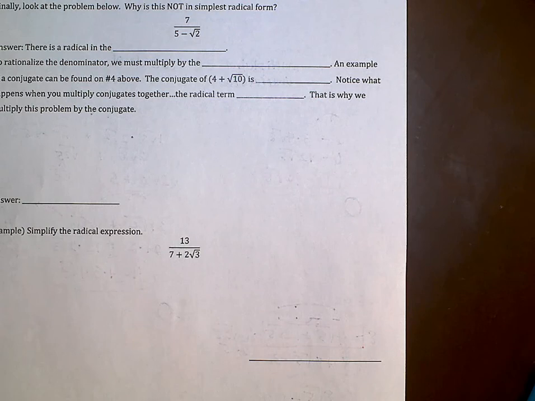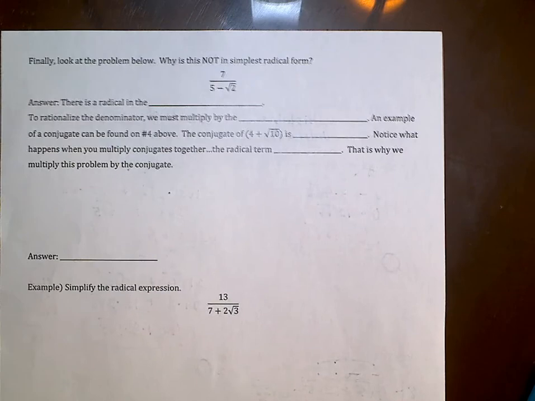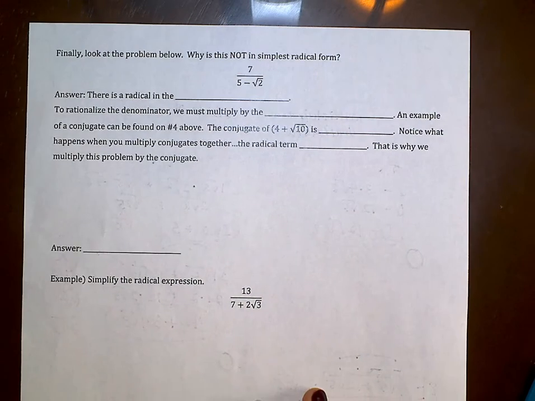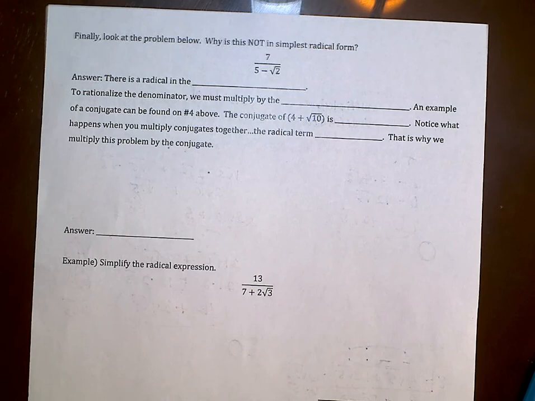Okay, on the back, I want to show you something that's actually an Algebra 2 problem. So you guys won't take Algebra 2 next year, but you'll take it the following year. So be aware that radicals, and I need to mention this to you guys in class, you literally do all of these radical problems in geometry, like the exact same stuff, and in Algebra 2.